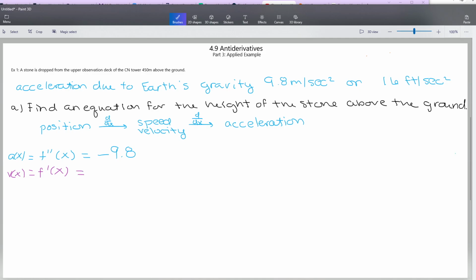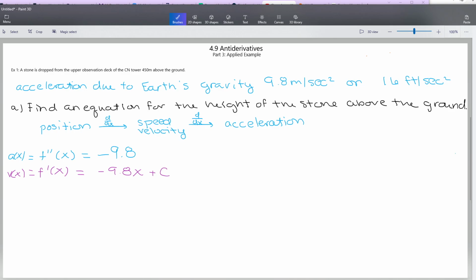Again, if we have just a number, remember that is going to come from having x. When we take the derivative of a times x, we just get a. So that's why when we take the antiderivative, we get that number times x, and we still have our constant. We don't know what that is.